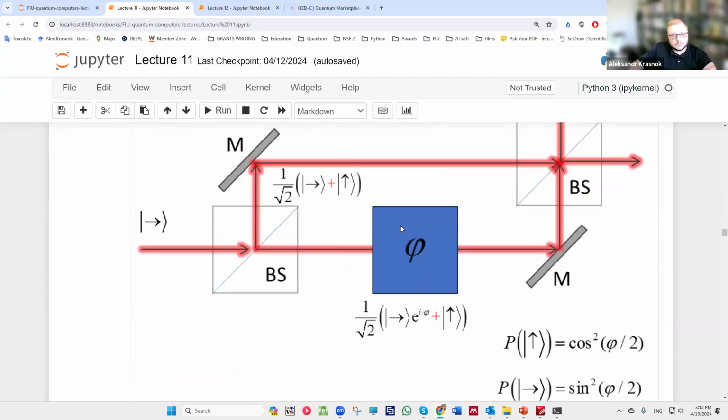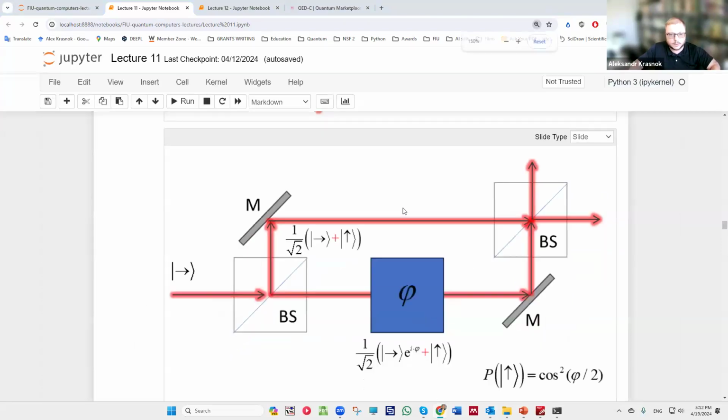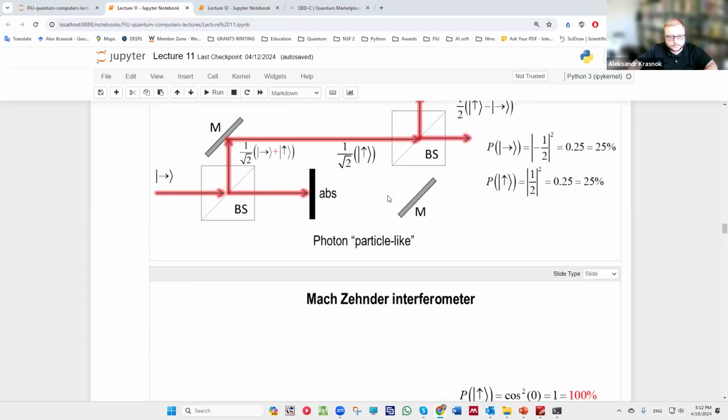This encoding is widely used by devices like the interferometers that we use for sensing and many other applications.